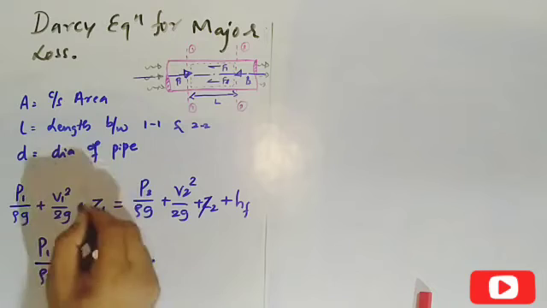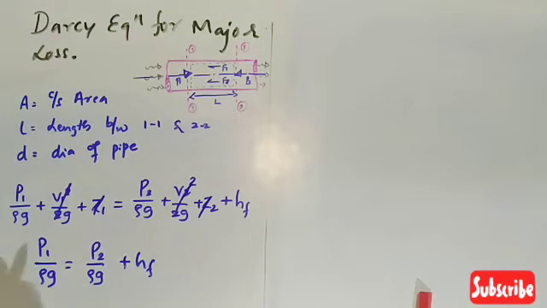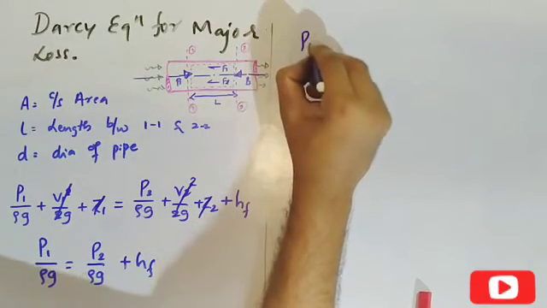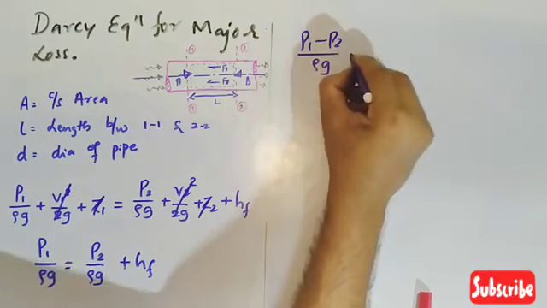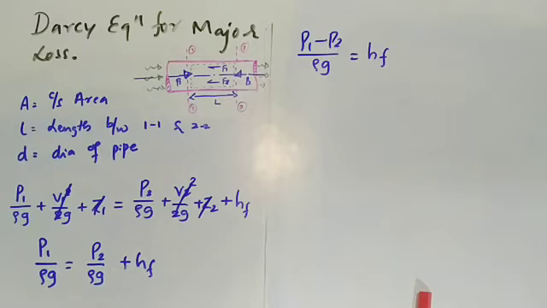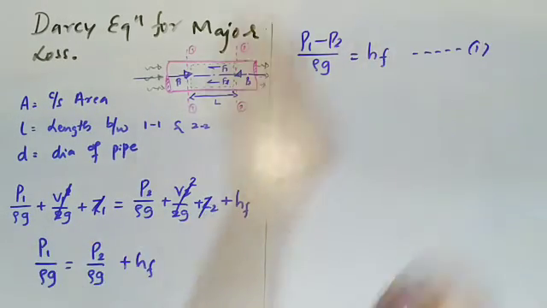By neglecting Z1 and Z2 and the velocities at sections 1 and 2, I will get P1 by rho g equals P2 by rho g plus HF. If I simplify this equation, I will get (P1 minus P2) divided by rho g equals HF. Let us consider this as equation 1.